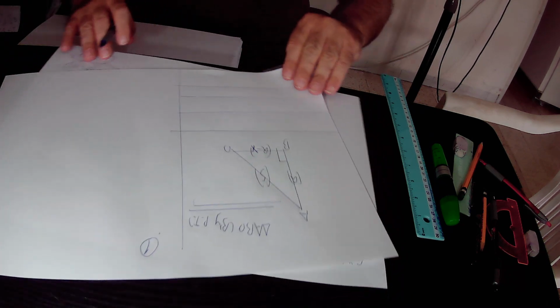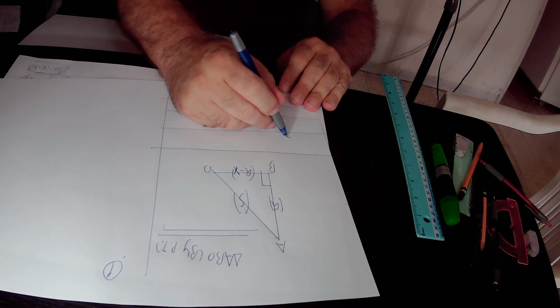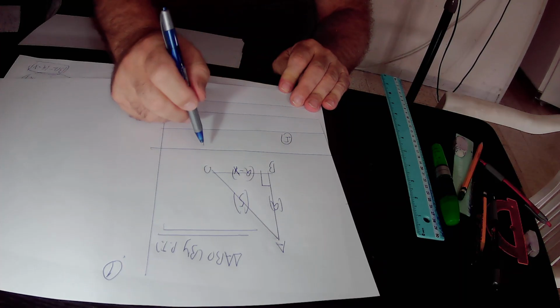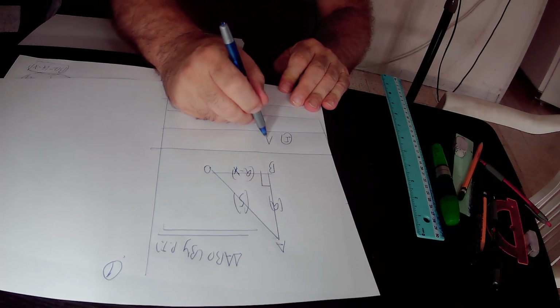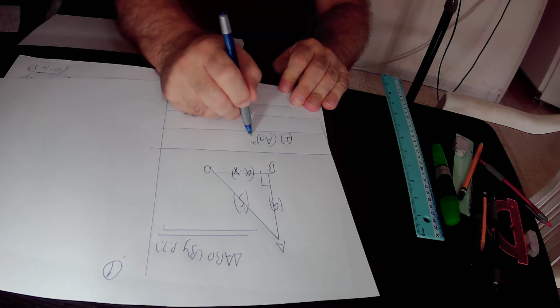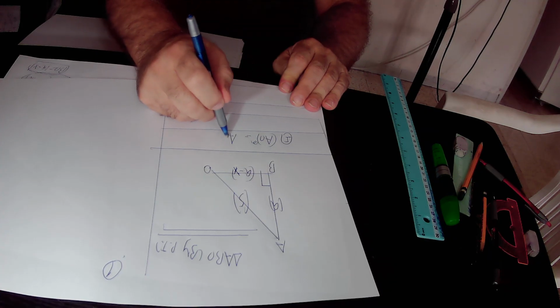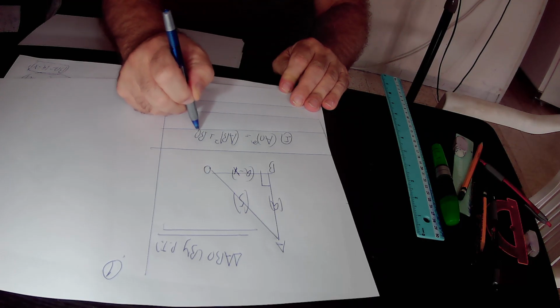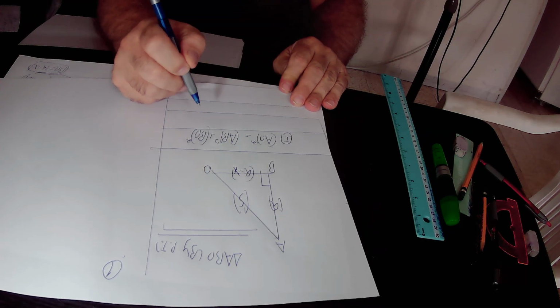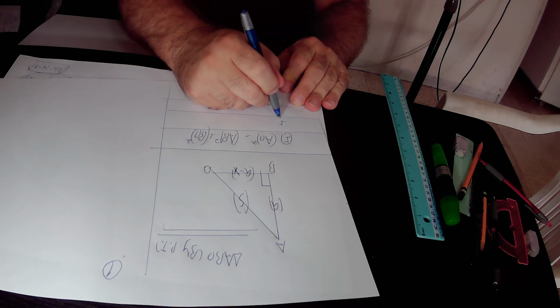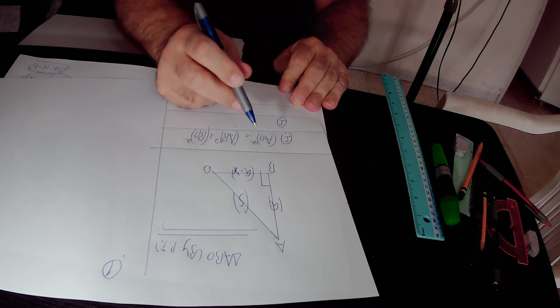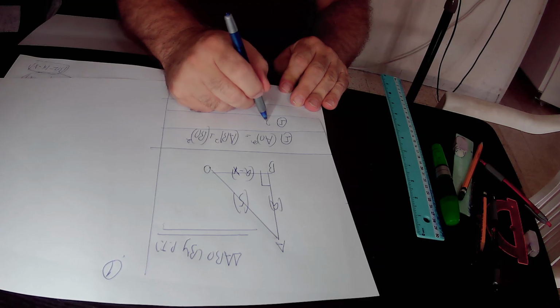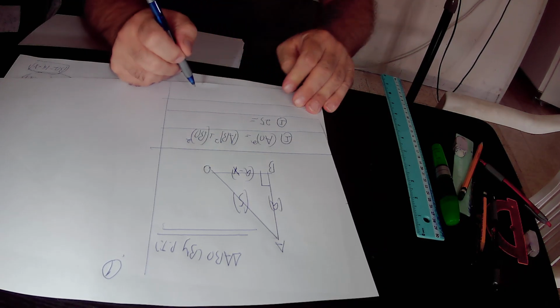According to equation 1, AO square, that is the square of the hypotenuse, is equal to AB square plus BO square. The hypotenuse AO equals 5 units in its length, therefore AO square is 5 squared, that is 25, and it equals AB square.